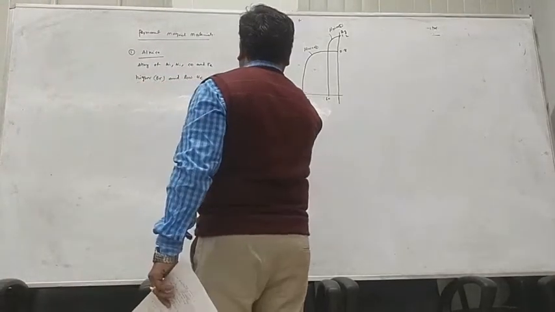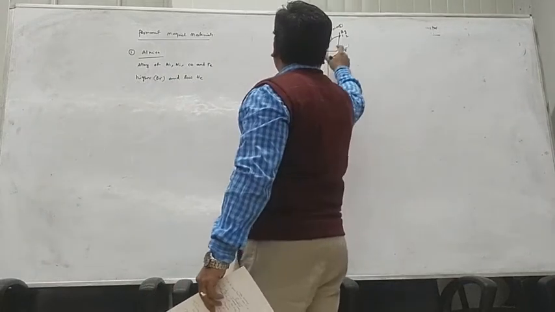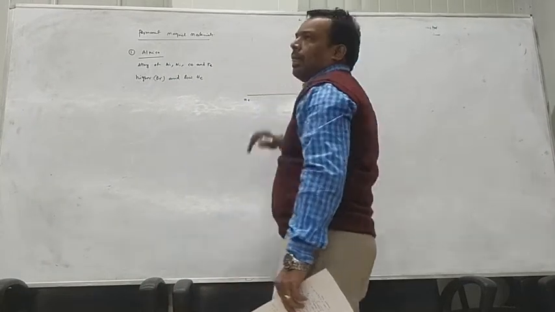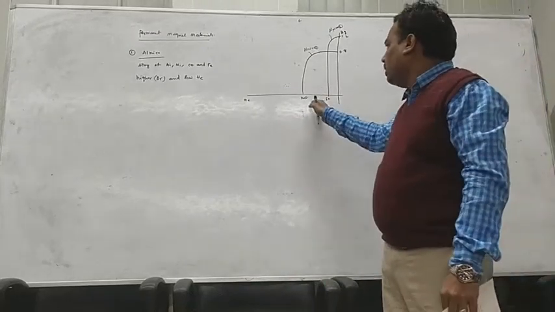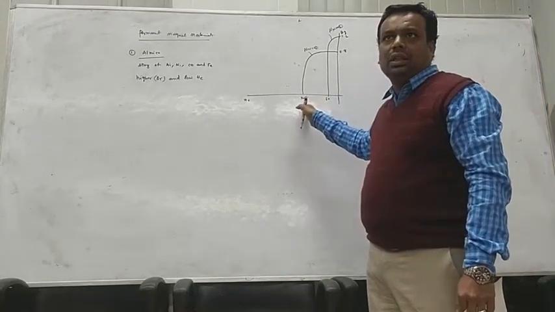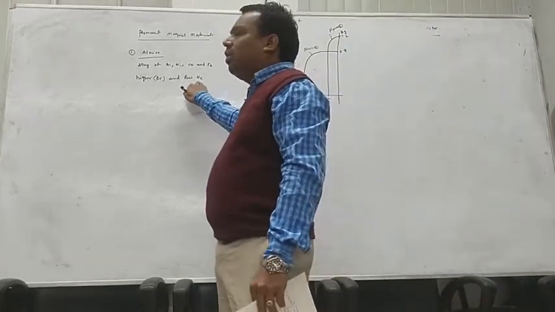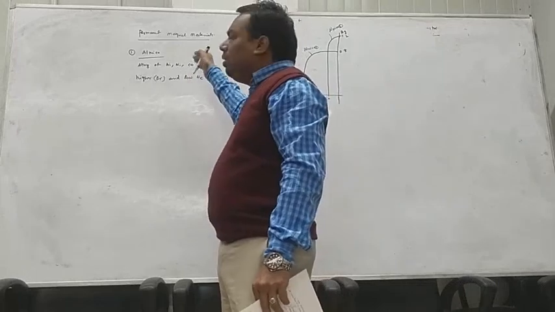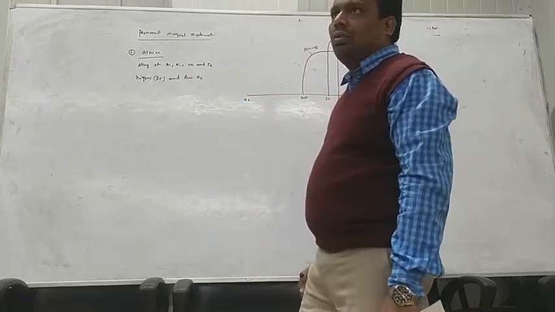The x-axis indicates the coercive force and the y-axis indicates the flux density. The coercive force always comes in the negative direction, in the second quadrant. So that's why low value of coercive force and high value of residual flux density.